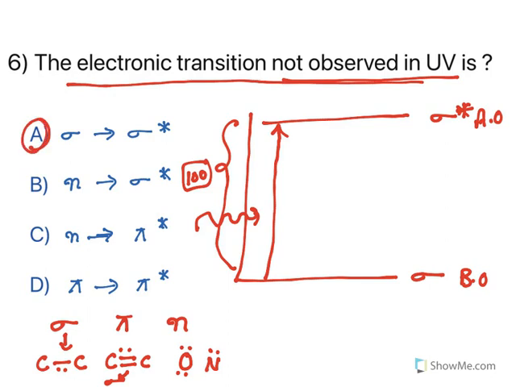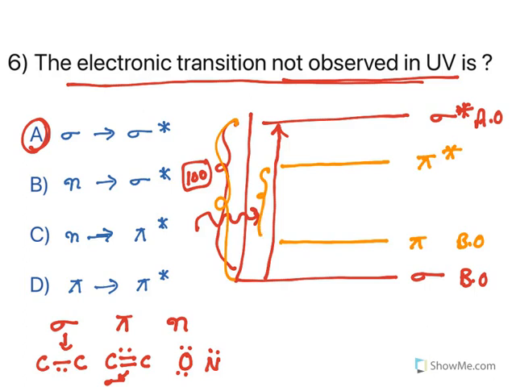What are the remaining? The other thing is pi bonds are there. Look at this. See, this is the energy gap. So these are pi electrons and pi bonding orbitals. When you provide sufficient energy, they will move on to anti-bonding pi orbitals. Now see, this energy gap is less, and UV radiation provides the energy required for this kind of transition.